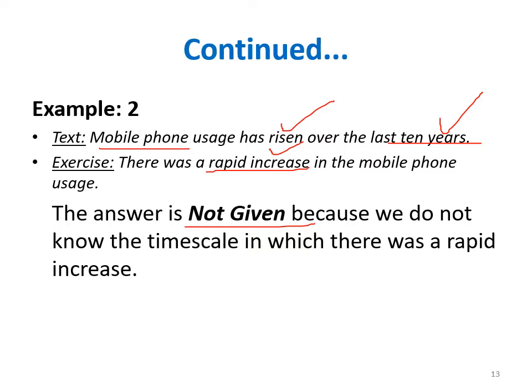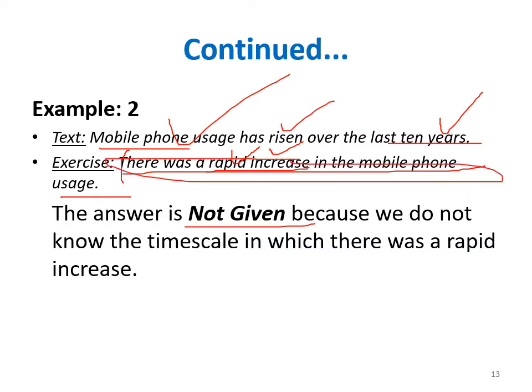This could be in the last 20 years, this could be in the last 5 years, this could be in the last 2 years. So this is fine, this is okay on its own, but in the text it is not given. Okay, but you cannot say no. Why? Because it says rapid increase. There has been a rapid increase, but this thing is not mentioned in this text.